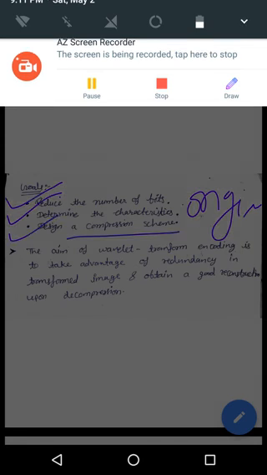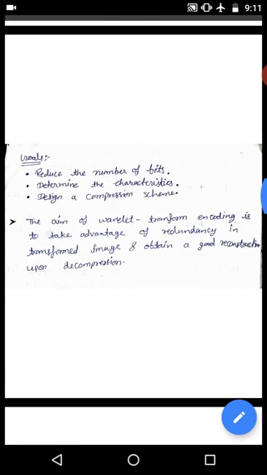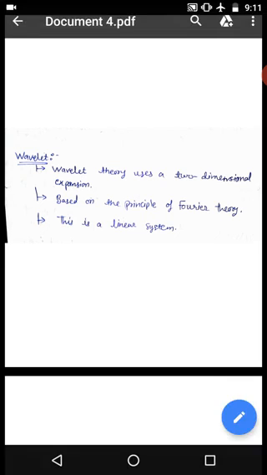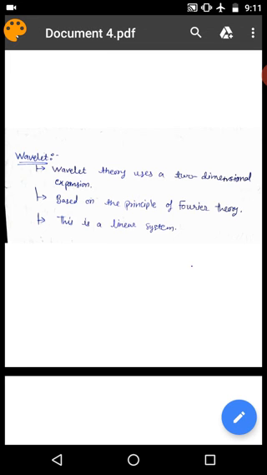Now we will see about wavelets. What is a wavelet? Wavelet theory uses a two-dimensional expansion to characterize and give a time frequency localization of a one-dimensional signal.